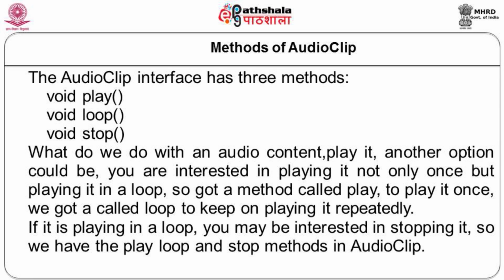It just gets started, and it goes in a loop to keep on playing again and again. If it has been started and it's going in a loop, you would be interested in stopping it. So you have play, loop and stop, 3 methods in the AudioClip interface.